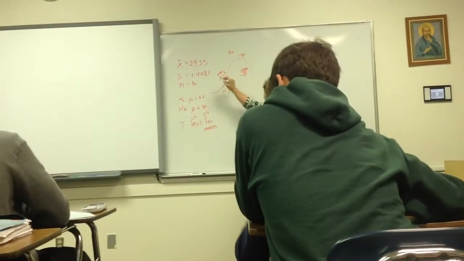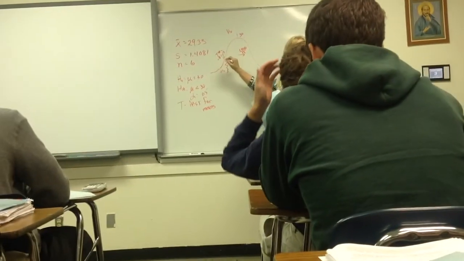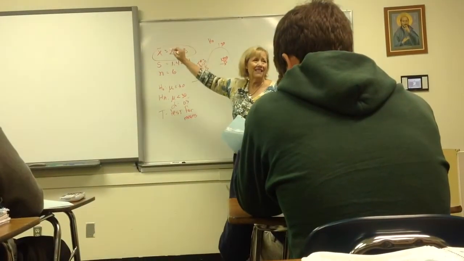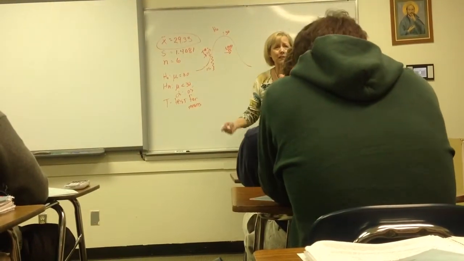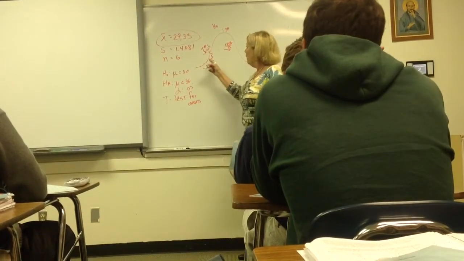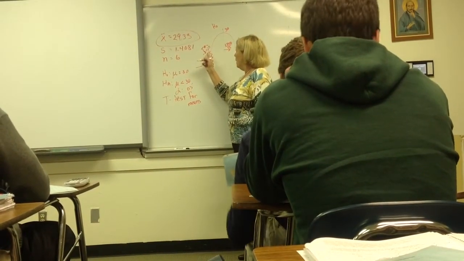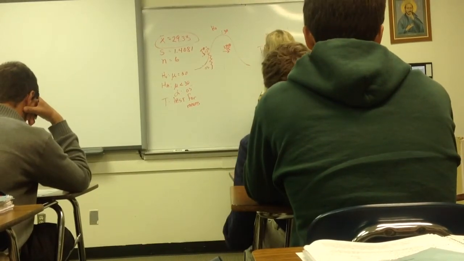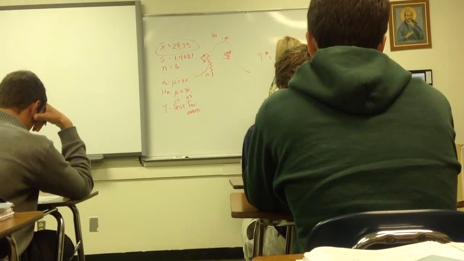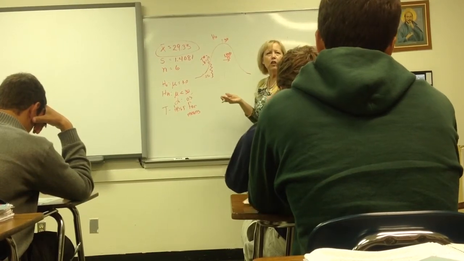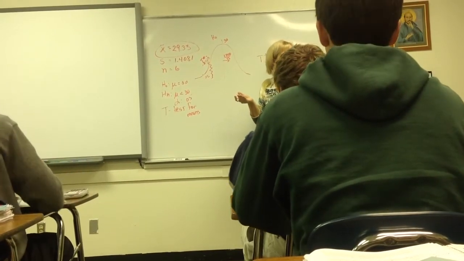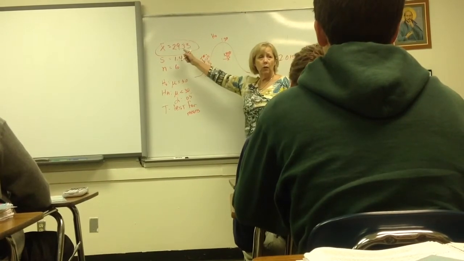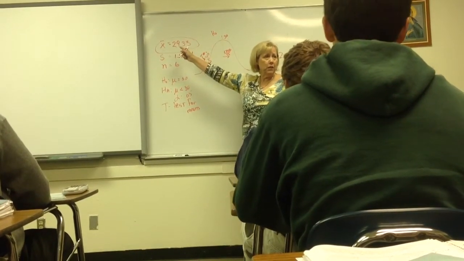Do you also understand that the sample means nothing to you here? I don't care what the sample is. I want to know, if this T cutoff is negative 2.015, what X bar does that equate to? That's what I'm interested in, right? Am I interested in what my particular sample gave me?